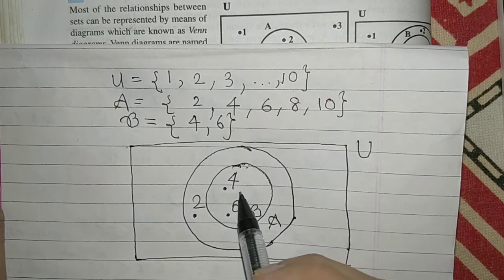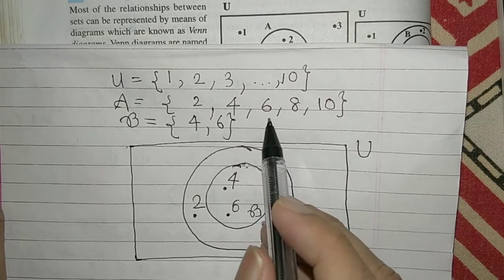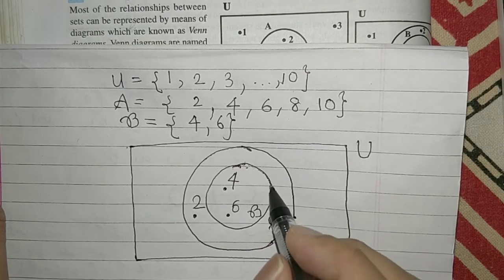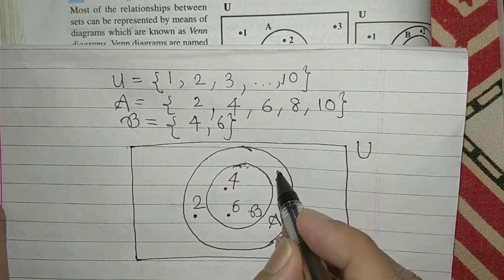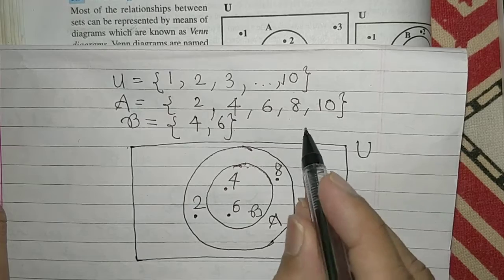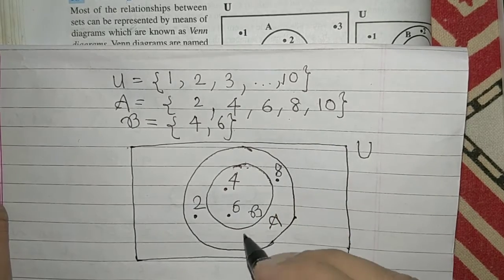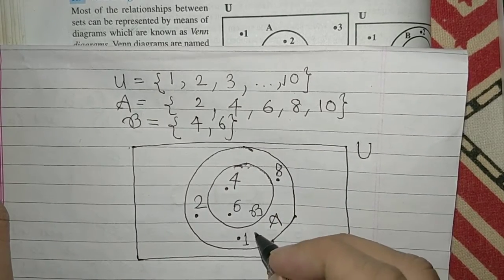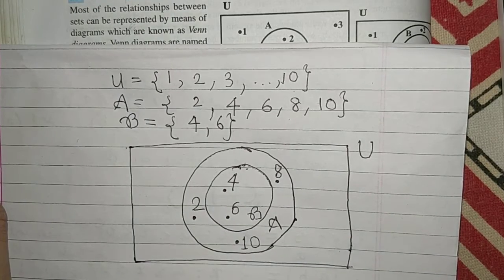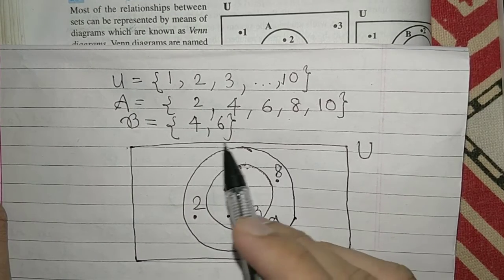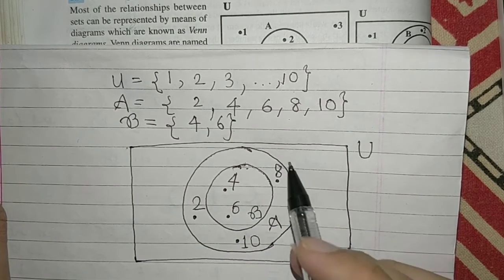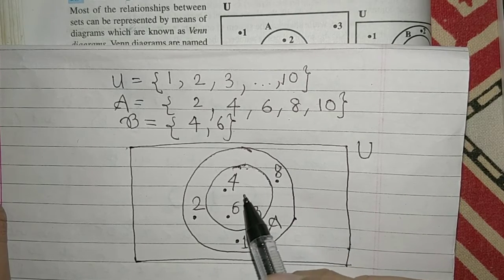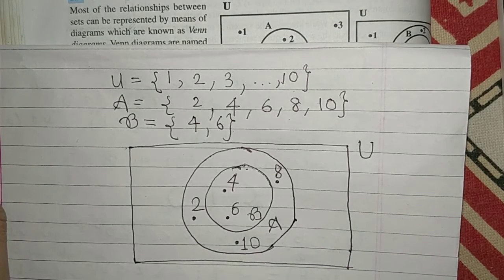Then 4 and 6 you have already written. Now you have to write the next element, that is 8, and then the element 10. This is how you have to draw the sets A and B and the elements inside each of the sets.